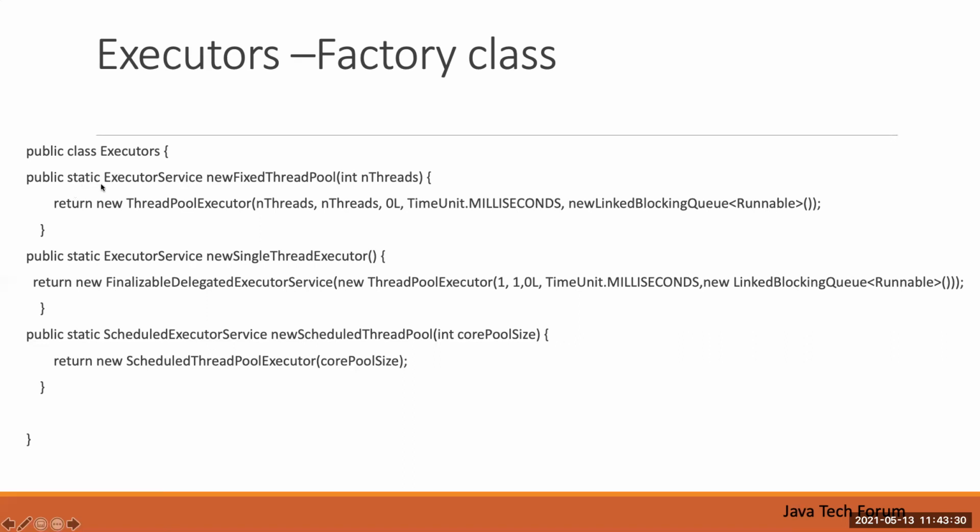We can simply invoke it using the class name itself. That is one more advantage of using a static method. This is the abstract class Executors, it's a factory class.